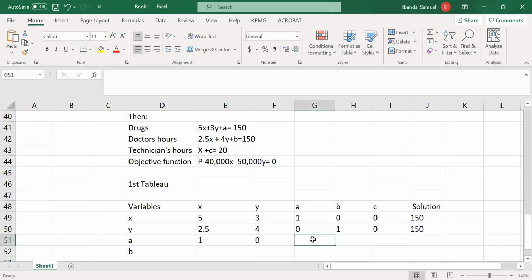We don't have anything here. But again, we also don't have anything here. We have something here, and this adds to 20. Okay, so I hope you're following how I'm trying to input this kind of information.